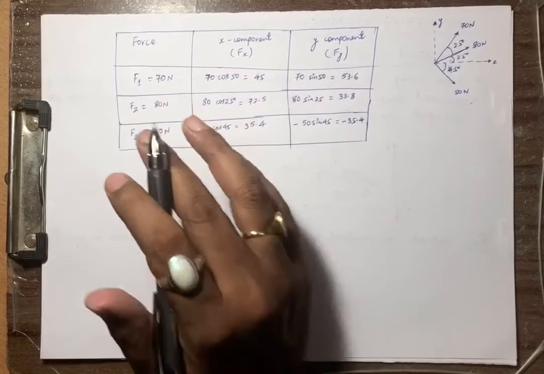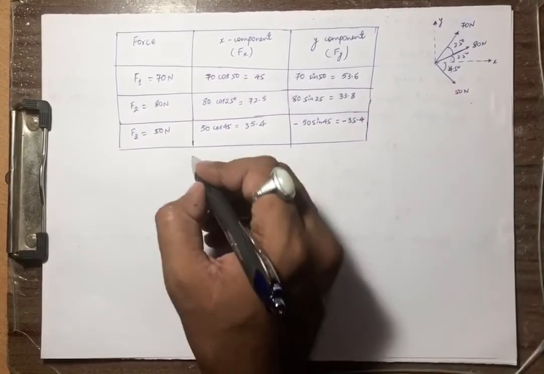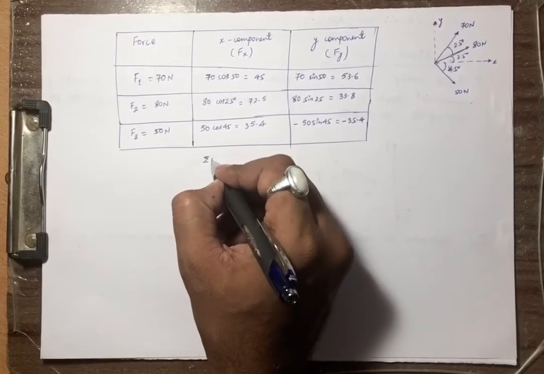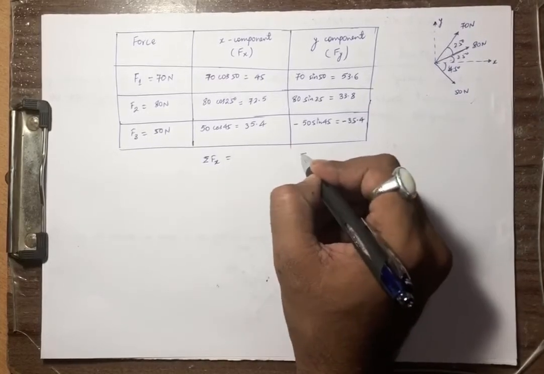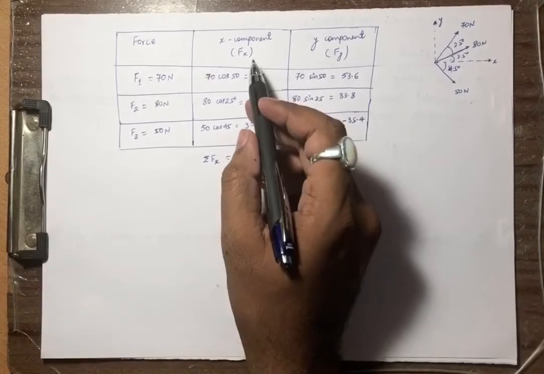So after calculating the x component and y component, we have to just add these components, summation Fx and summation Fy.